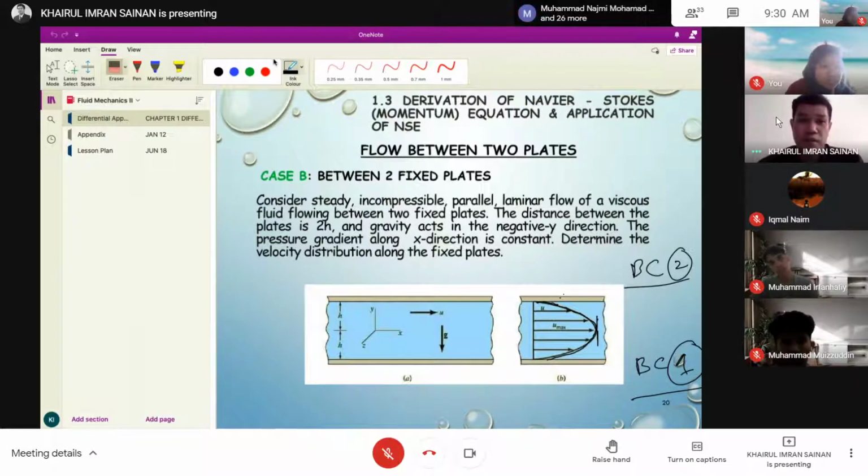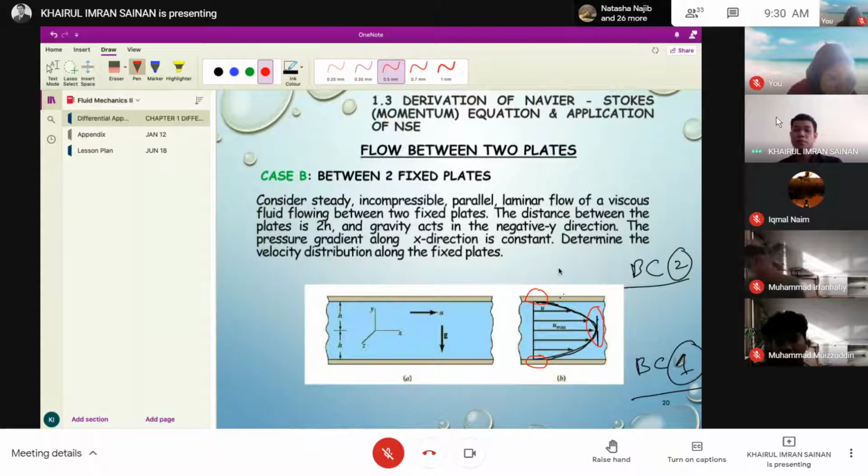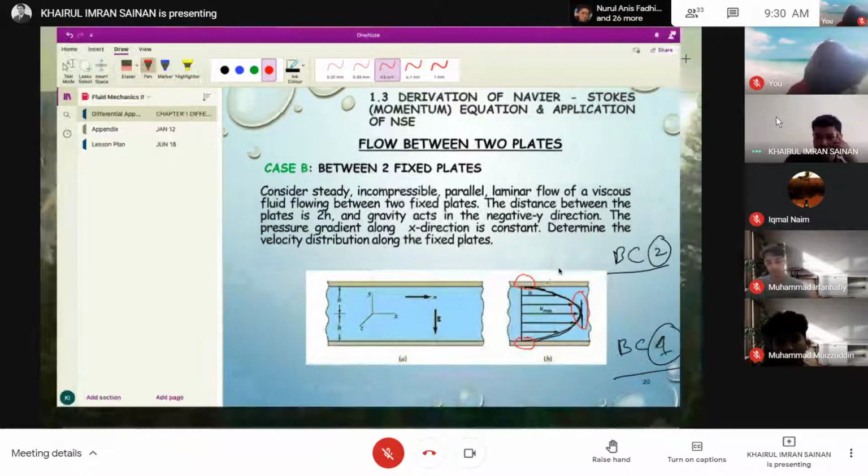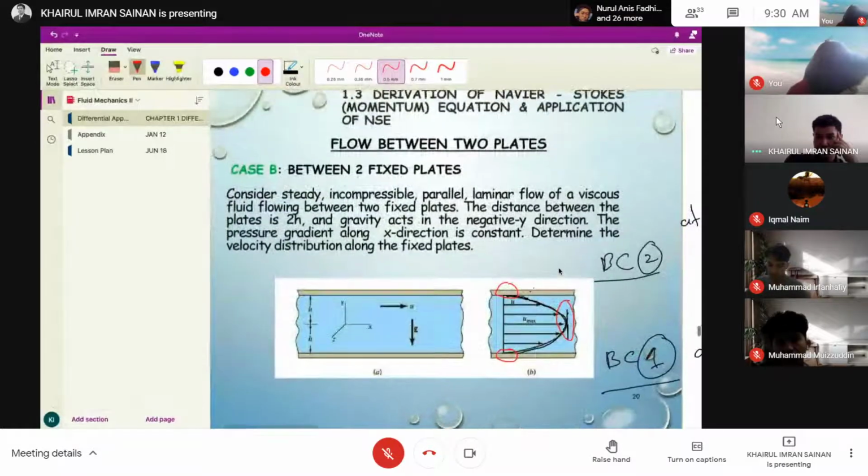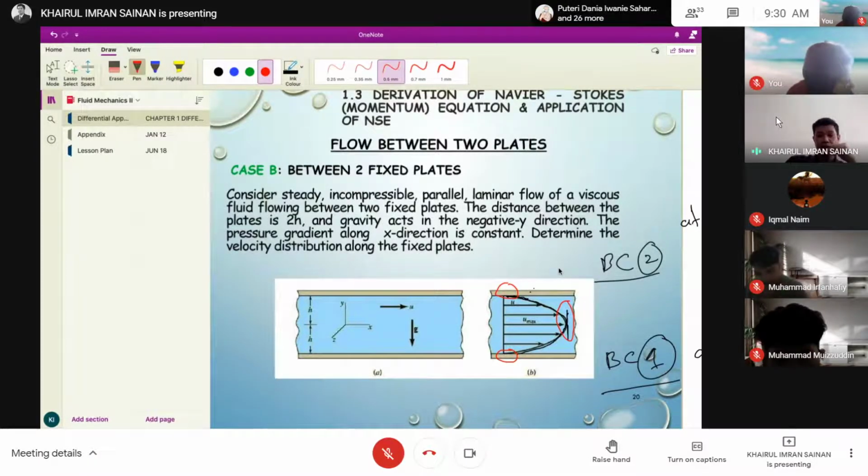Boundary conditions once again: at the bottom BC1, at the top BC2, and you can have another one at the center. So BC1, BC2, and BC3. Somebody give me BC1.